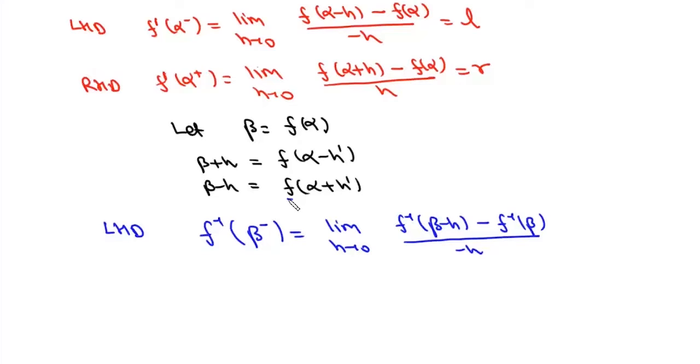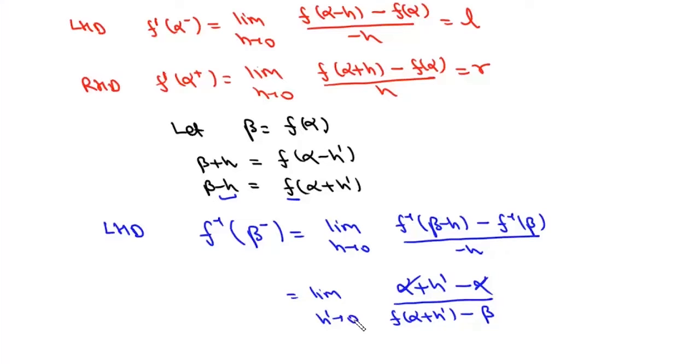Now basically f inverse beta minus h is alpha plus h dash. So we can write this as alpha plus h dash minus f inverse beta, which is simply alpha, minus alpha upon, and then this minus h we can write as f alpha plus h dash minus beta. Now here alpha will cancel, and when h tends to 0, h dash also tends to 0.